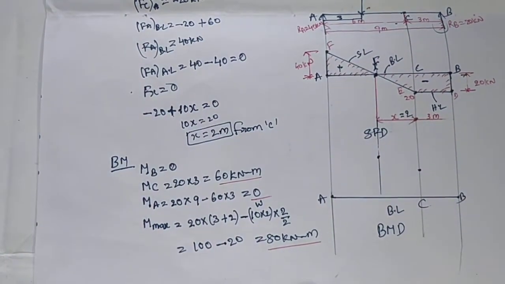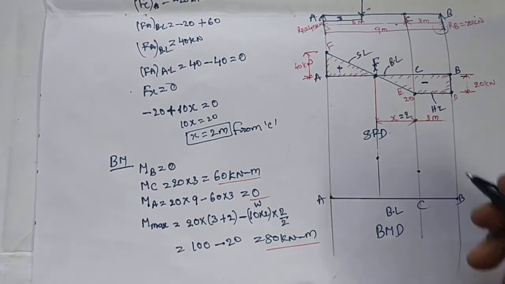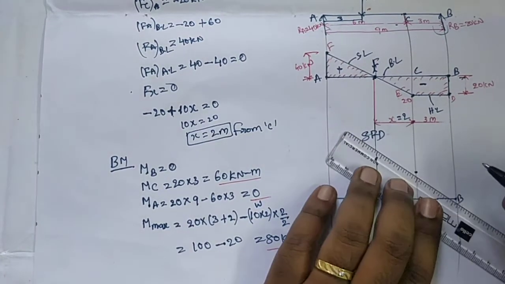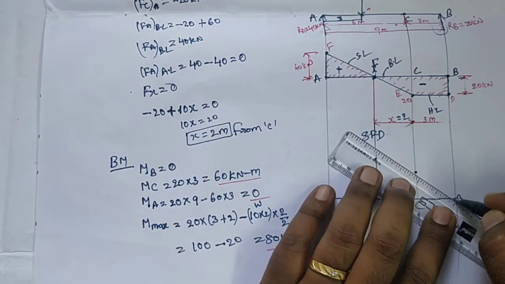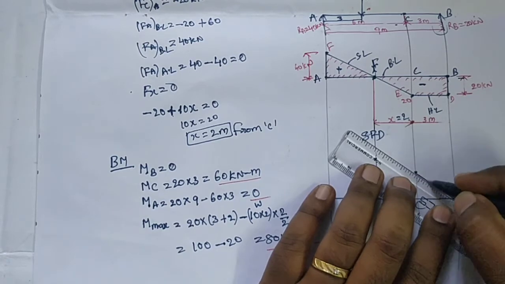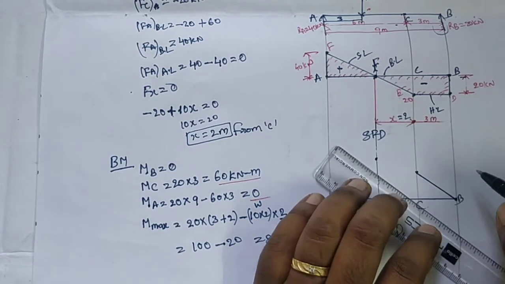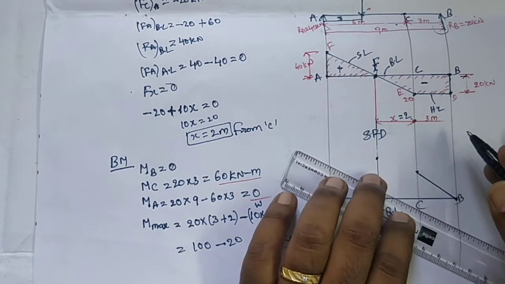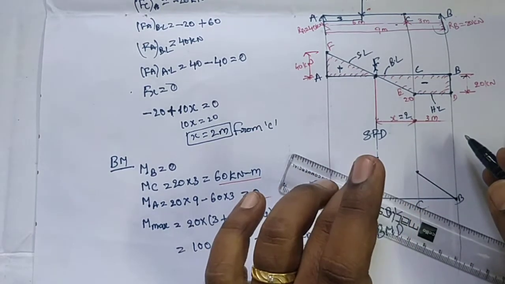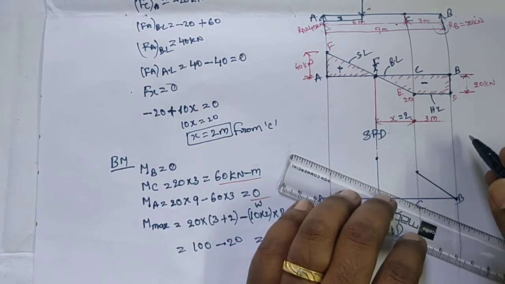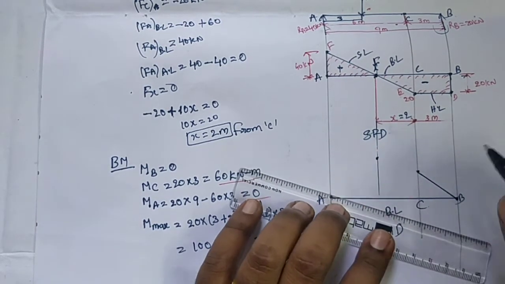Okay. Here the curve from B to C is a straight line, because there is no load. There is no load, so the variation from B to C is a straight line. From C to the maximum point is applying UDL, so that the bending moment curve is a parabolic curve.